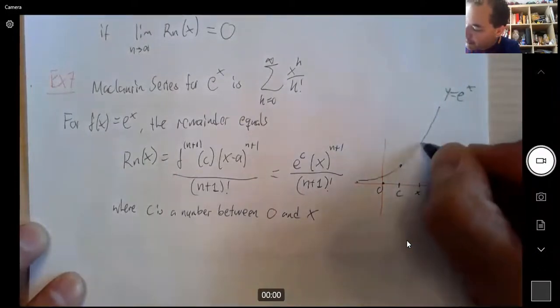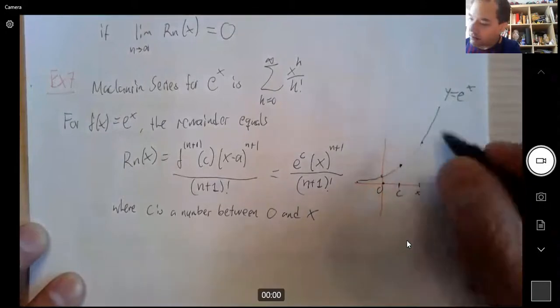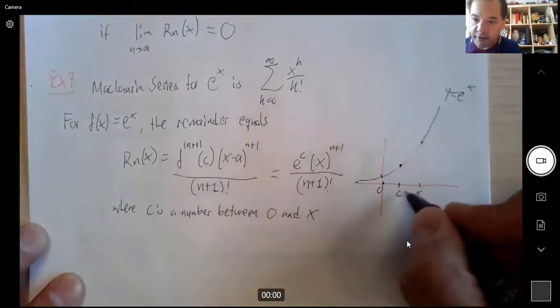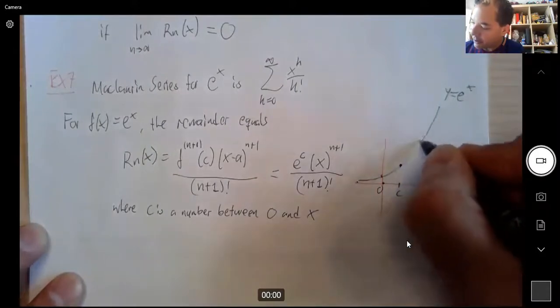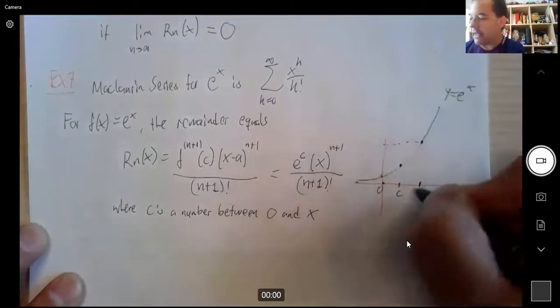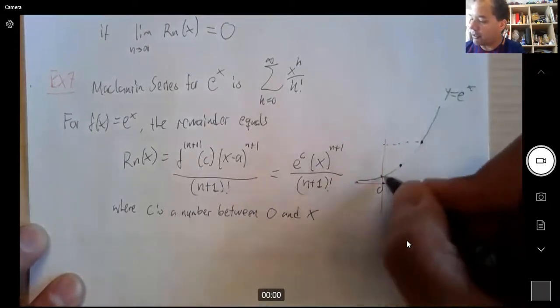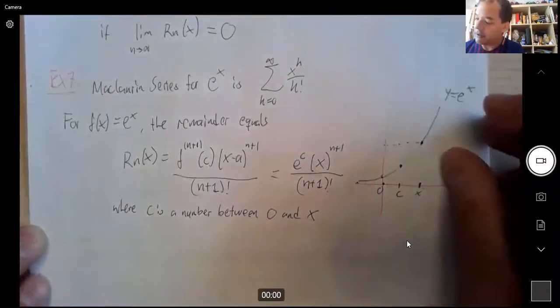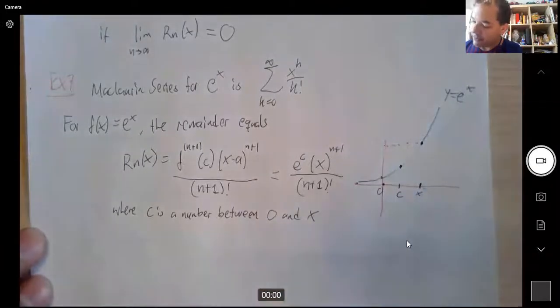So what is the most that e to the c can be? Well, c is between 0 and x. So the most that it can be is when I pick x, when I go all the way over here. That's assuming that x is positive. If x is negative, then the most that it can be is 0. But in the worst case scenario, it is at most e to the x.